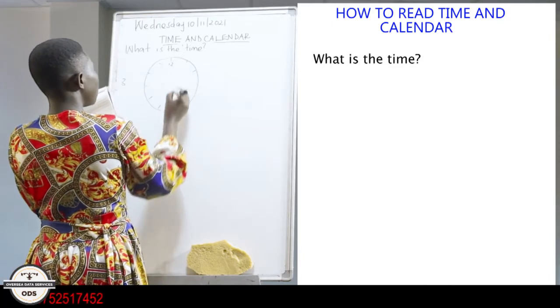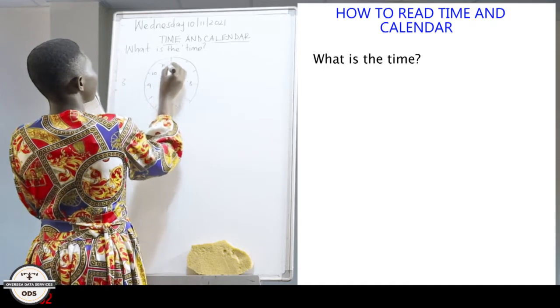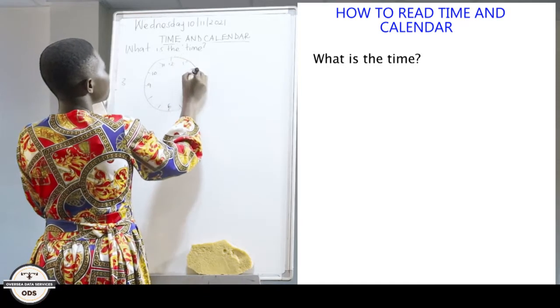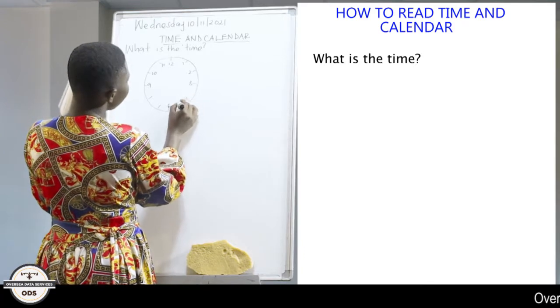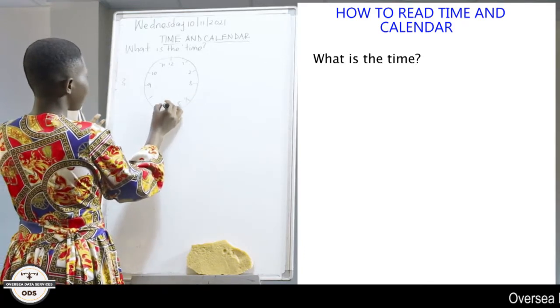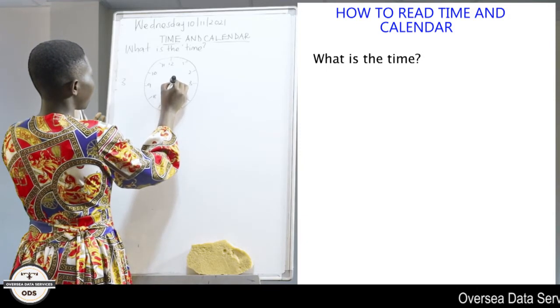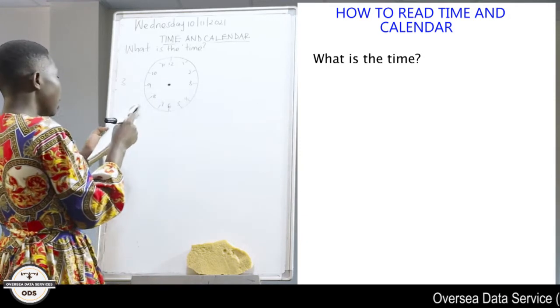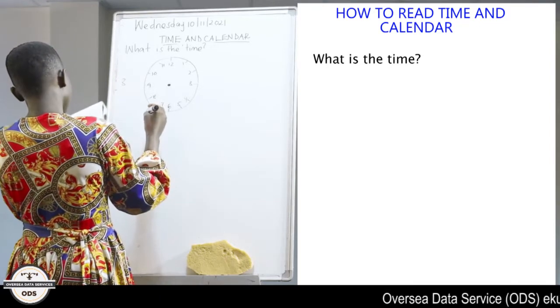We have 12 here. We have 6, 3, 9, 10, 11. We have 2, 1, 2. We have here 4. We have here 5, 7, 8. Okay. Now we want to see here.